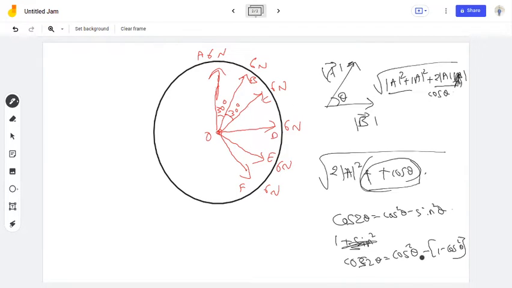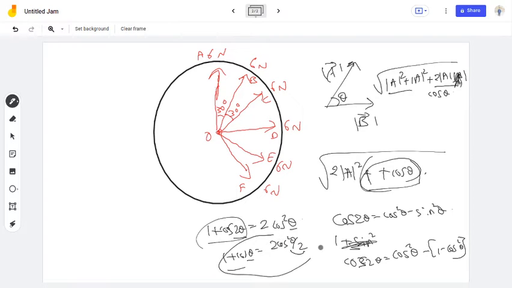Minus of minus, yes, we get 1 plus cos 2 theta equals 2 cos squared theta. So 1 plus cos theta will be 2 cos squared theta by 2. If there is 2 theta we get theta, so if there is theta, there should be theta by 2. So this is the expression.